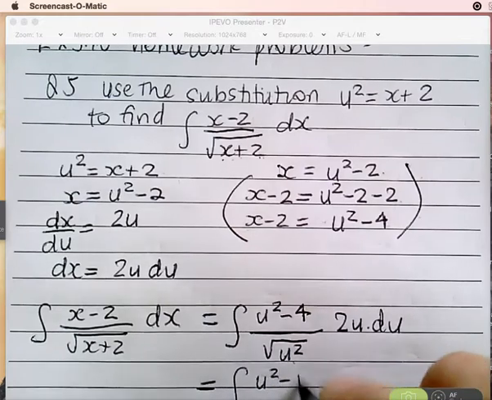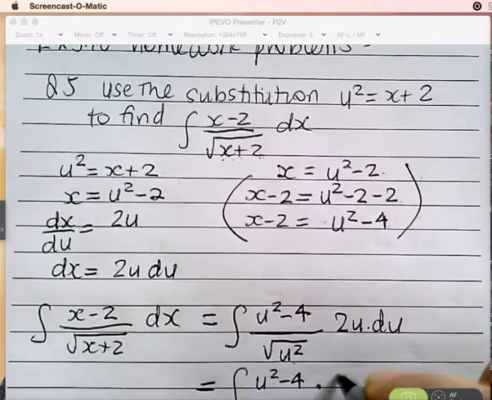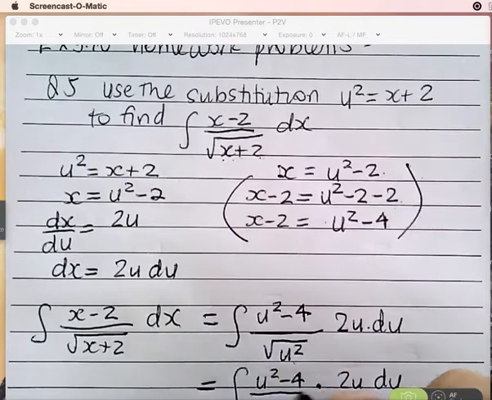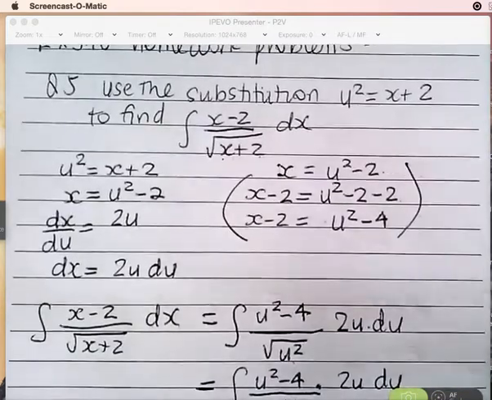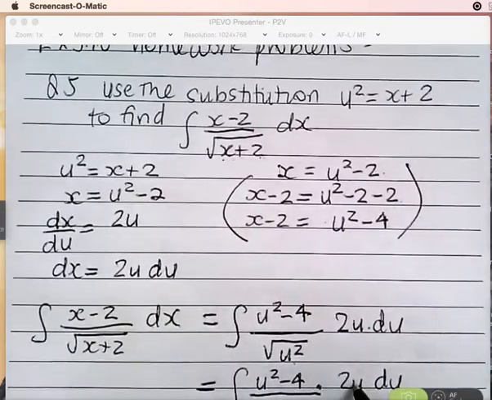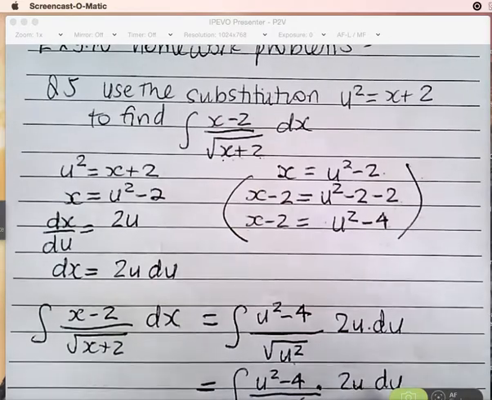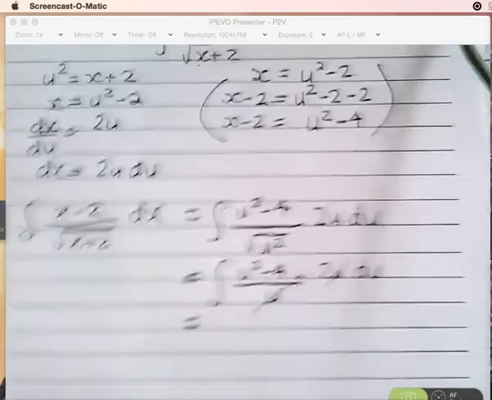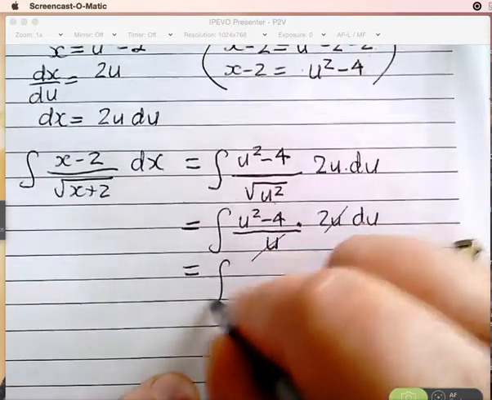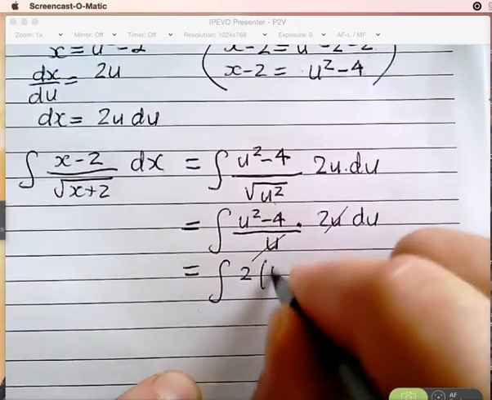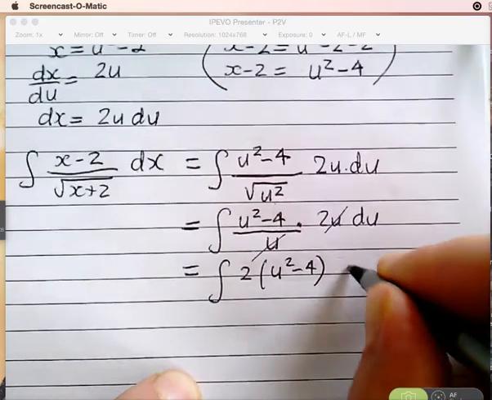The integral of u squared minus 4 times 2u du over u. What can you cancel? The u and the u. So isn't this the integral of 2 lots of u squared minus 4 du?